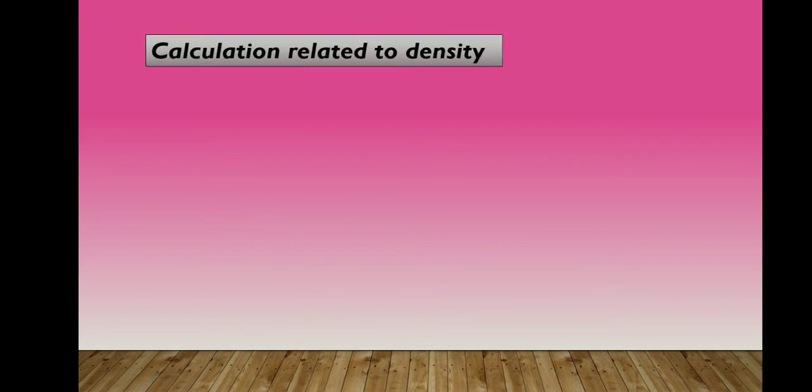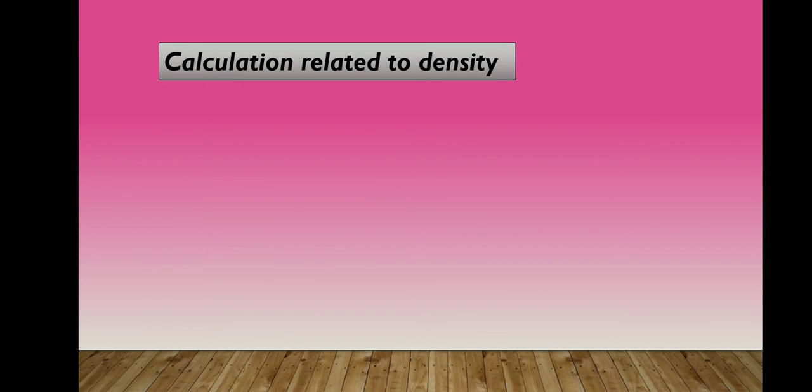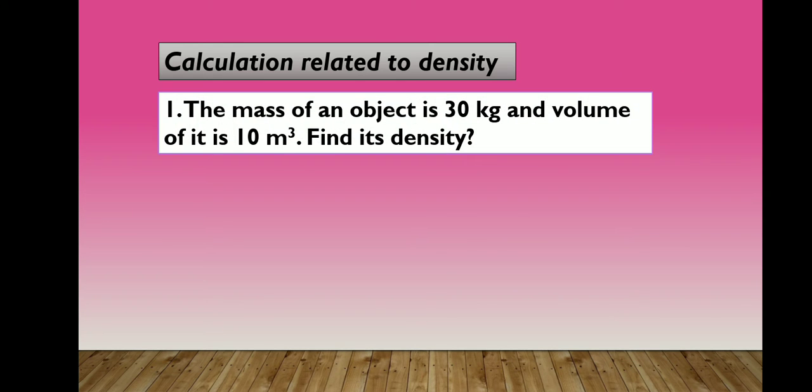Okay, now let's move to another part, calculations related to density. Usually you have all understood density equals mass divided by volume. So this is the first question I am going to explain. The mass of the object is 30 kilogram and the volume is 10 cubic meter. Find its density.